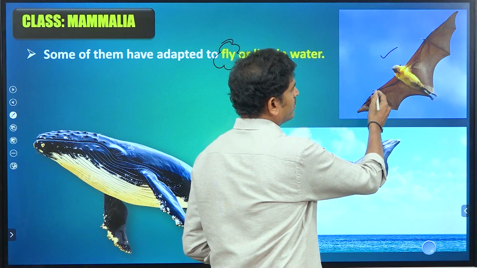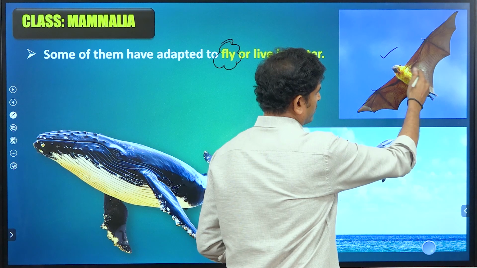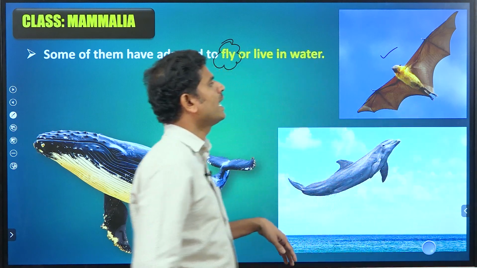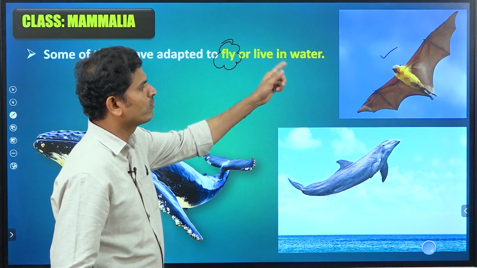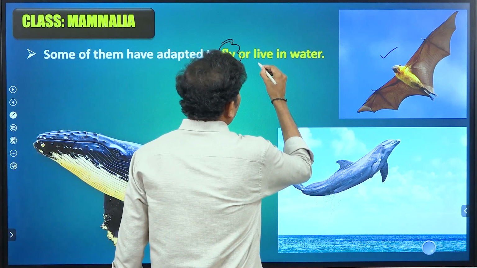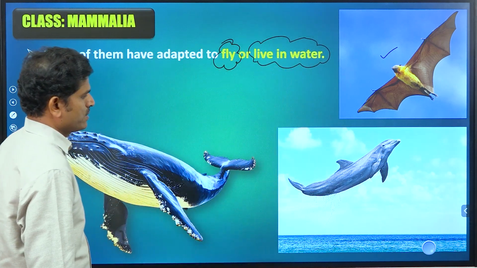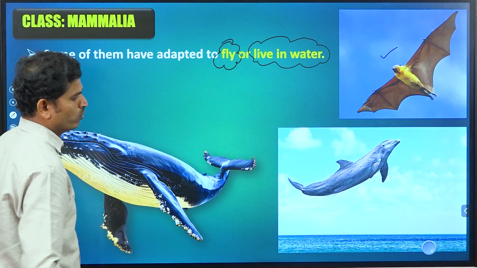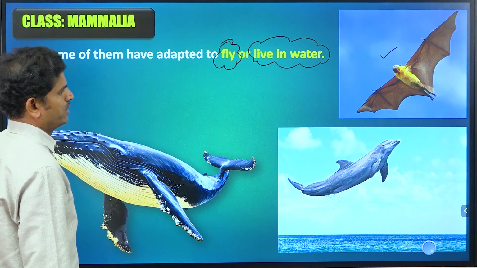It is present between the forelimbs and the hind limbs, attached to the body, and it helps like wings to float and fly easily in the air. So that is flying, and living in water. So mammals as aquatic organisms. This is a whale, the blue whale, Balaenoptera musculus, the largest organism on our planet. Okay.